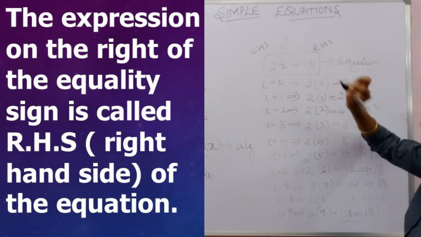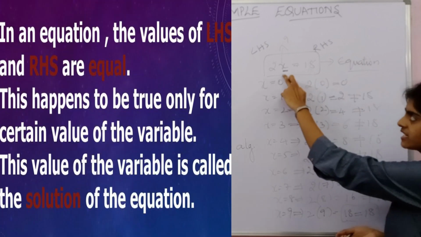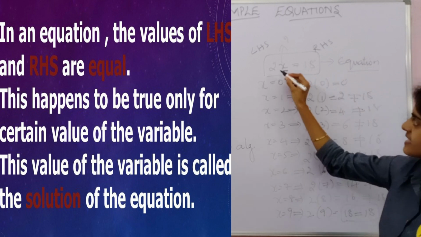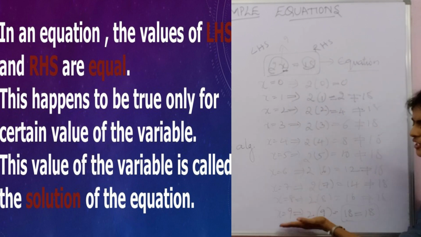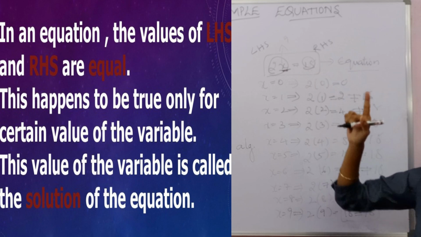So for any value of x, the variable, the LHS should be equal to RHS. That is what we have done here. You can see when x equals 9, LHS is 18 and RHS is also 18. So LHS is equal to RHS. So you can see that x satisfies only one value, which is x equal to 9.